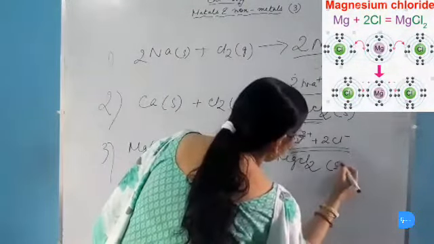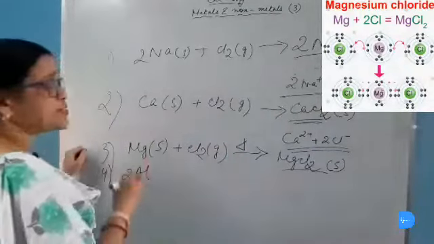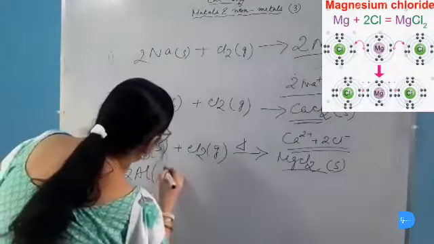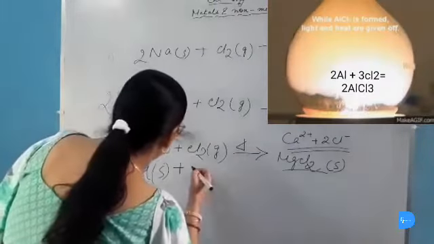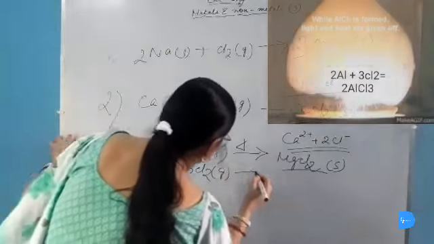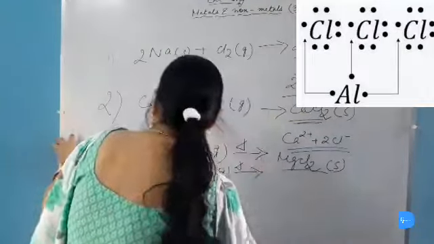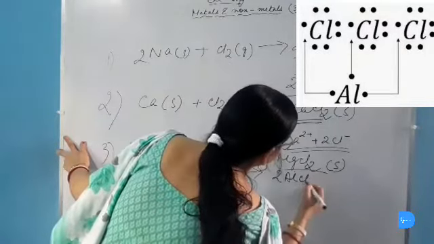This is also ionic chloride. Next element is aluminium. Aluminium also reacts with chlorine to give aluminium chloride, which is an ionic chloride. Heat is required, that is, heated aluminium reacts with chlorine and gives aluminium chloride.